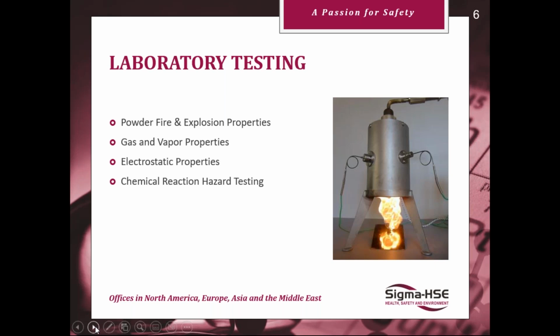The UK lab can look at gas and vapor properties as well, such as flashpoint, AIT, LEL, etc. We also have an electrostatic properties test laboratory, which looks at things like powder volume resistivity, charge relaxation time, chargeability. We can look at measuring plastics, shoes, and that type of thing for you.